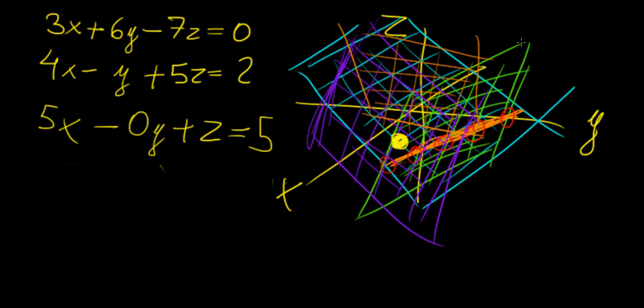Or in fact, because these planes extend to infinity, it could intersect the other 2 or 3 planes, but at different lines. So in that case, you wouldn't really get any solutions. You would just get a bunch of solutions that are only valid for a certain pair of planes or so on. And the really interesting thing about this is that if you really think about it, you can extend this to any number of dimensions.